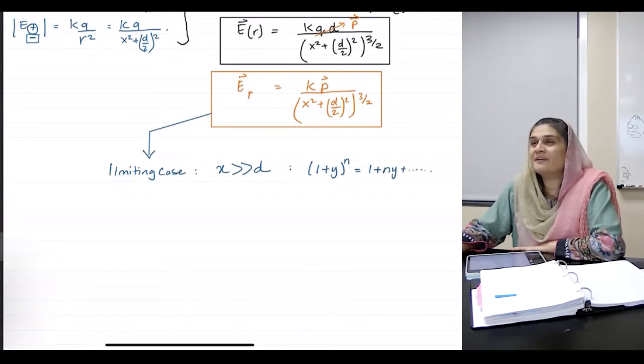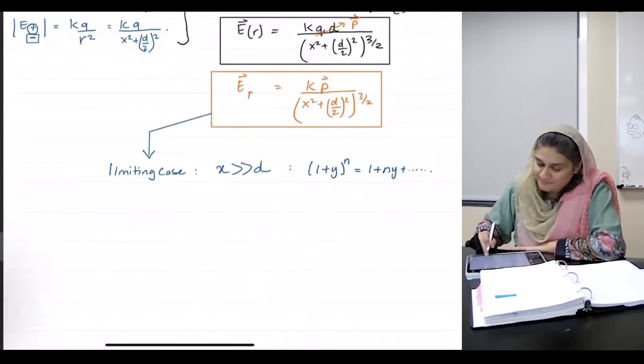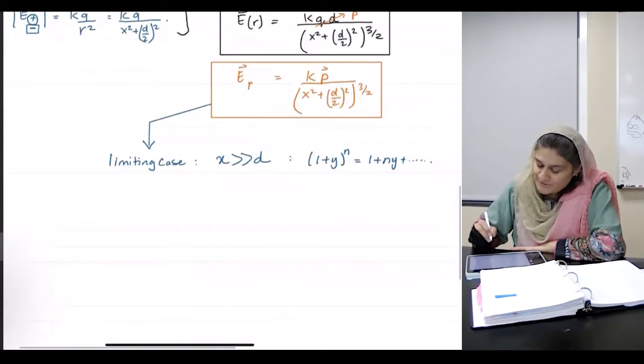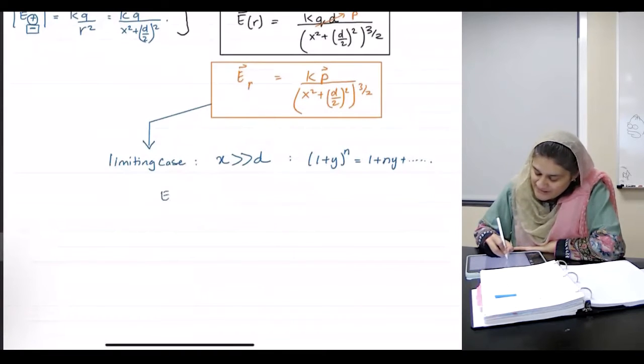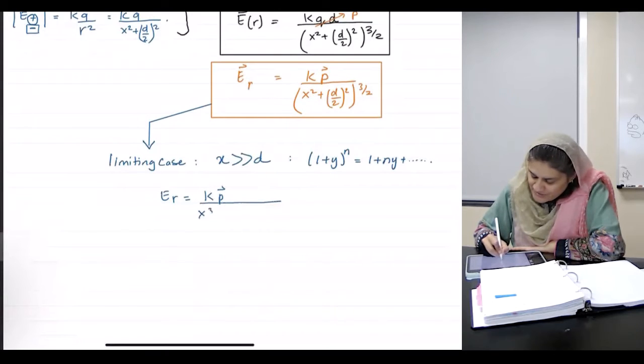And then you ignore everything else? So what will this become? I should rewrite E as a function of r as Kp divided by x cubed times 1 plus d over 2x squared to the power 3/2.